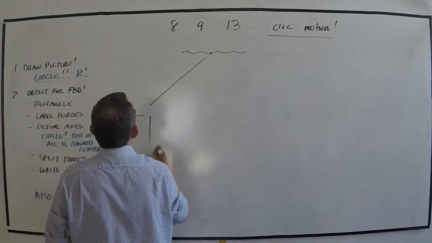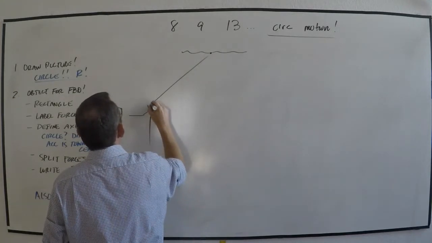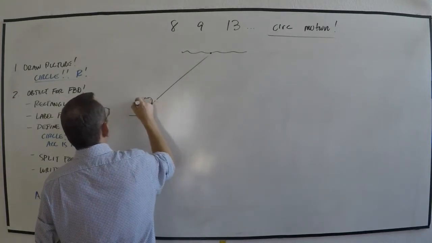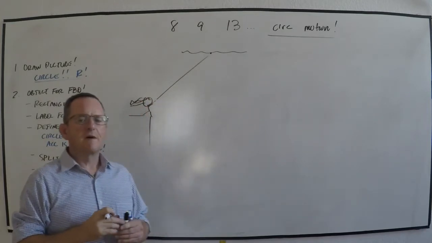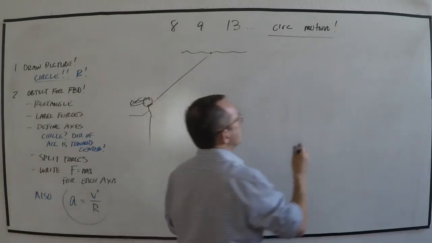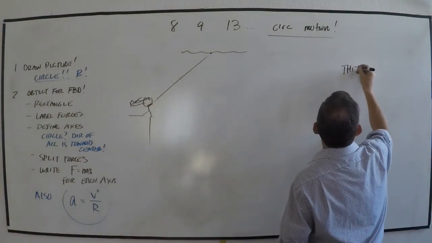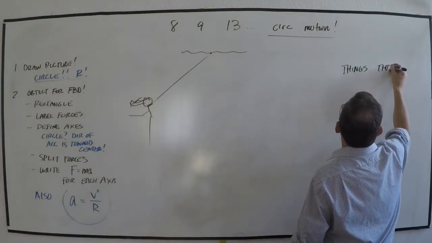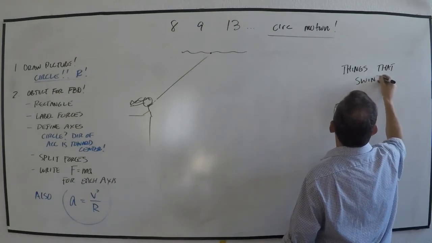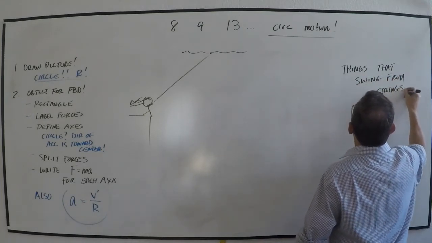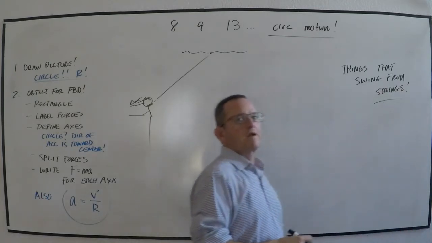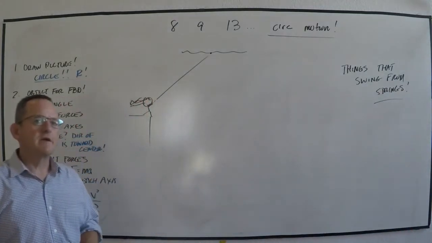Now, this is our first instance of something that I call things that swing from strings. And we are going to do a lot of things swinging from strings in these upcoming chapters.